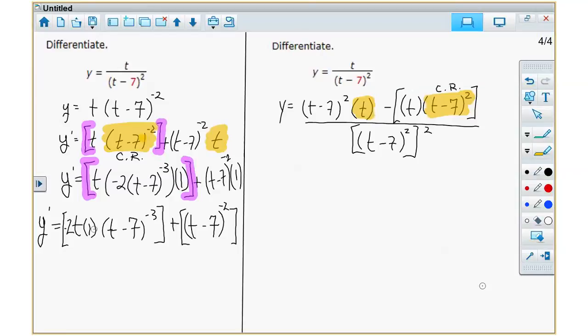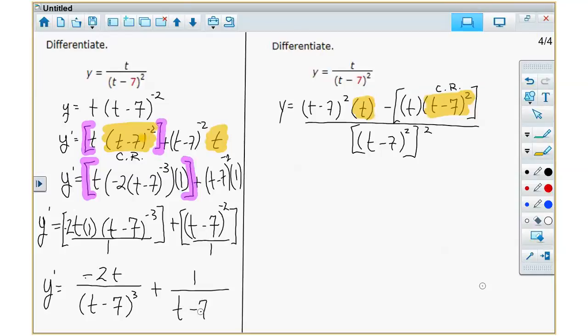So what can I do with this guy? Well, this is all over 1, so what can I do with that -3? Bring it down, and that'll give me Y prime is equal to -2t over t minus 7 to the 3rd power, plus 1 over t minus 7 to the what? 2nd power.